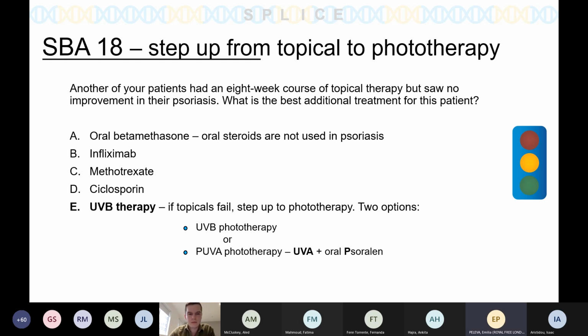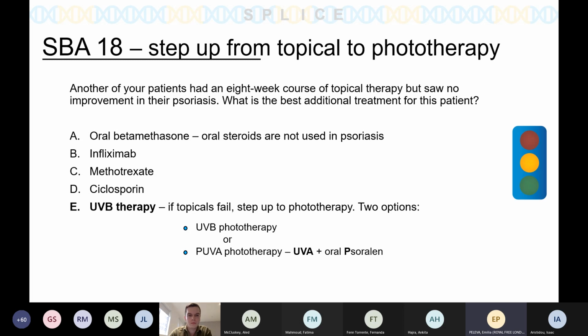So it depends on where the psoriasis is. For plaque psoriasis, we tend to go for UVB. So PUVA is, so psoralen is a sensitizer, which can be given orally, or sometimes we give it as a cream.